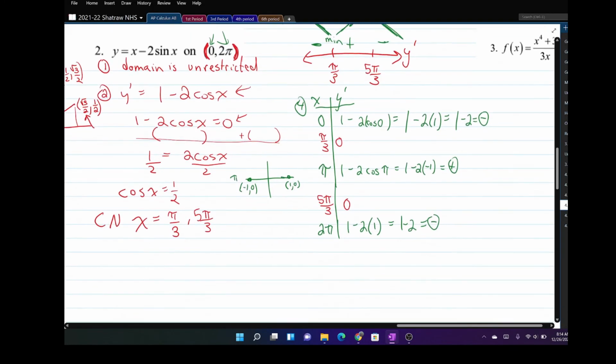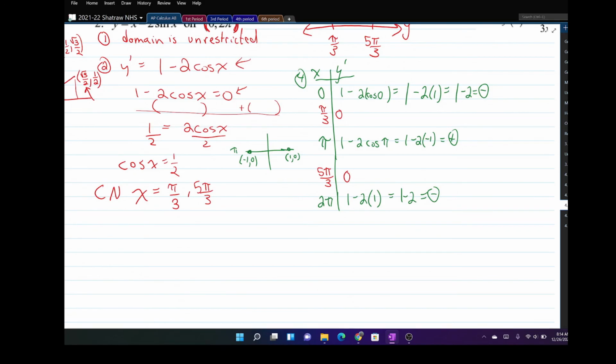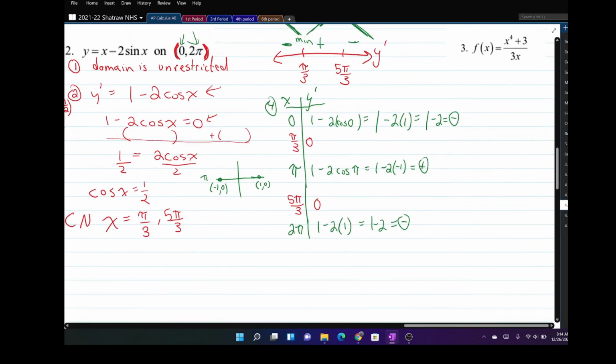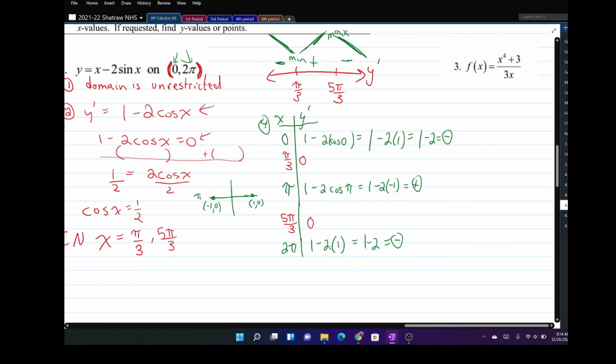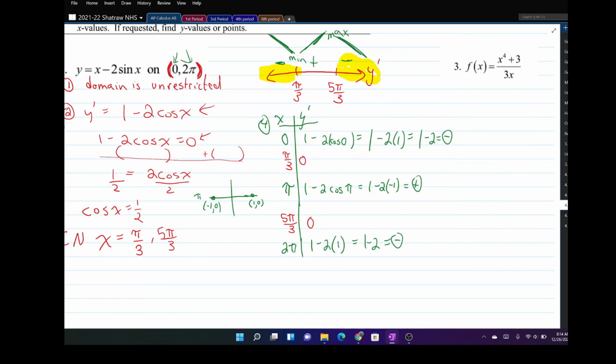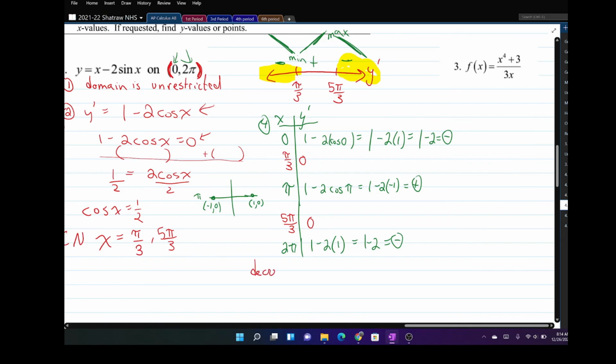All right, so now we could just write these values down. So I say it's increasing. Oh, and by the way, for those of you that struggle with interval notation, again, that's infinity to pi over 3. And that's 5 pi over 3 up to positive infinity. And so I'll say that the function is decreasing from negative infinity all the way up to pi over 3.